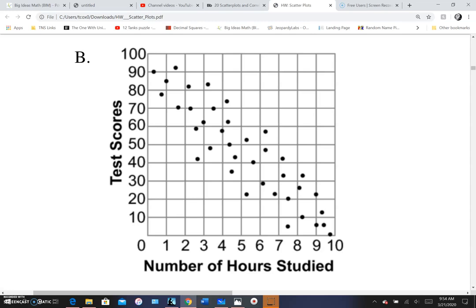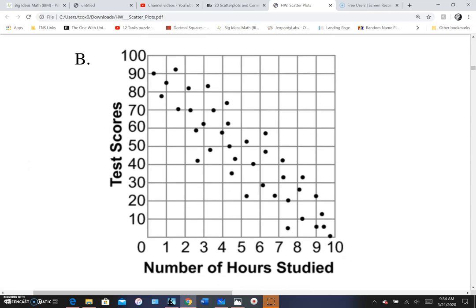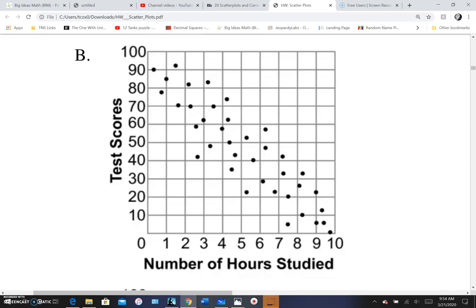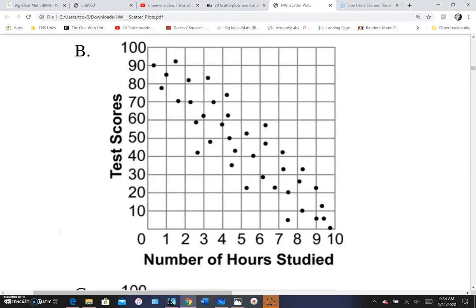Someone that studied just 1 hour scored about 85 on their test, but we have someone that studied almost 10 hours and got a little over 0 on their test. That is a negative correlation, and it truly is not a representation of how things work in real life. You gotta study. Just saying.